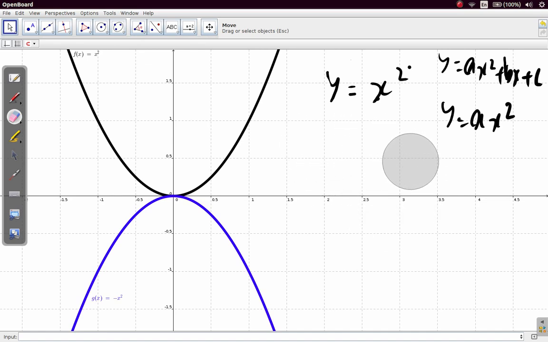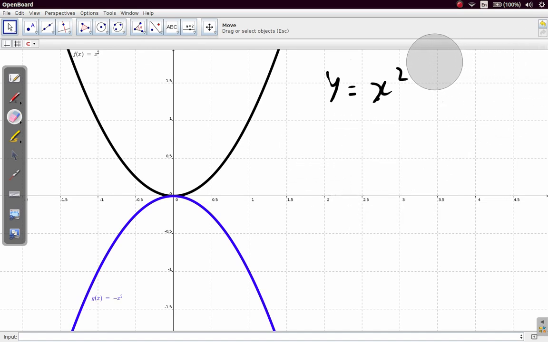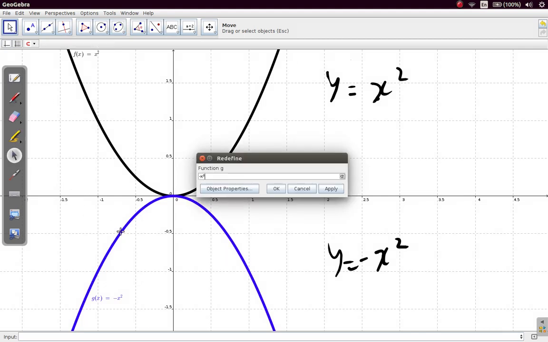Now, these were two quadratic graphs that we had. We had y equal x squared, we had y equal negative x squared. Suppose we look at y equal x squared now and modify it. Let's make it positive x squared plus 1.